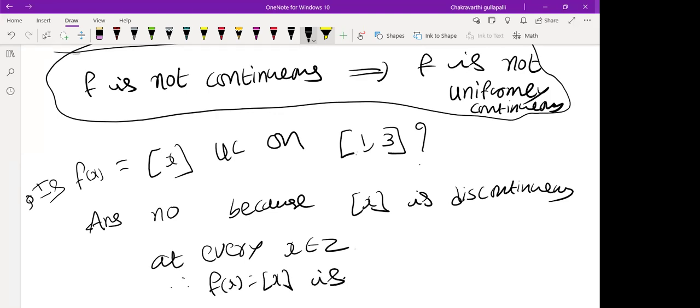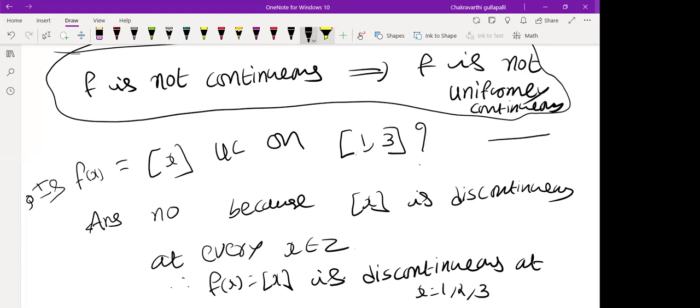So f(x) = box x is discontinuous at 1, 2, 3. What does this interval mean? Including 1, including 3, all the real numbers. Infinitely many real numbers. In any interval, there will be infinitely many reals.